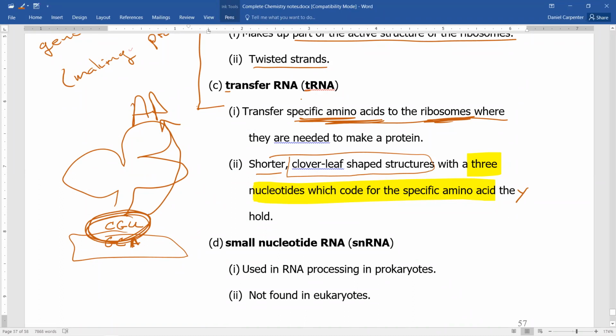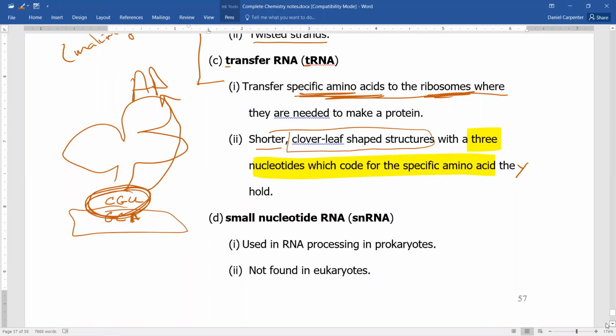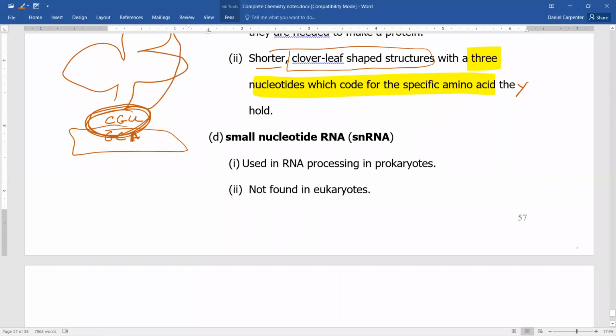And they'll talk a lot, or I'll talk if it's AP Biology, about messenger, transfer, and ribosomal RNA. Now, there are a couple other lesser known RNAs more recently discovered. And by the way, this is not in the copy of the notes you have.